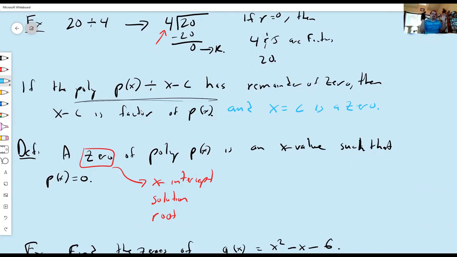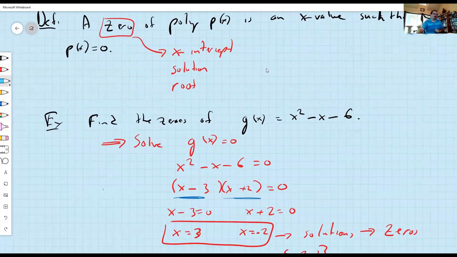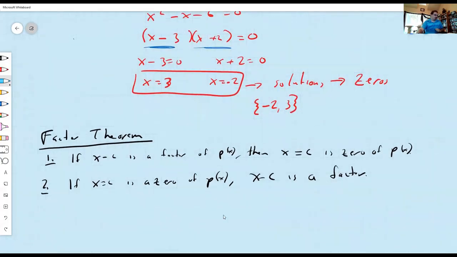So if I divide a linear polynomial, x minus c, into a polynomial and the remainder is 0, then I have a factor as well as a 0. Okay.